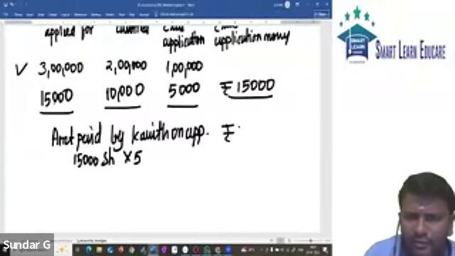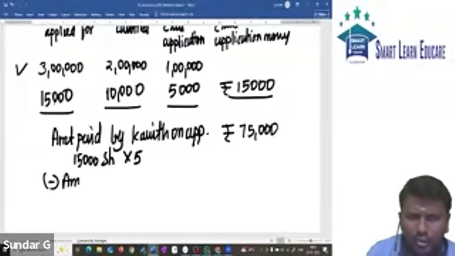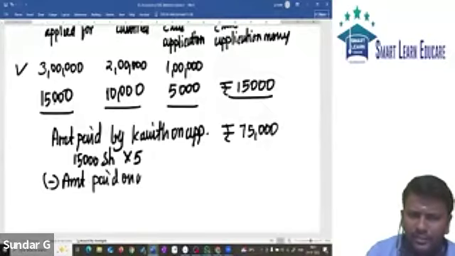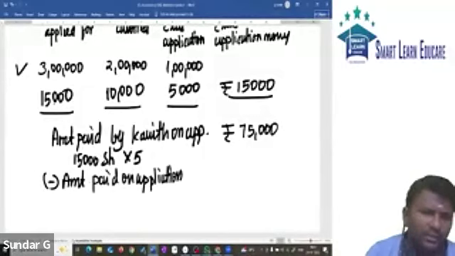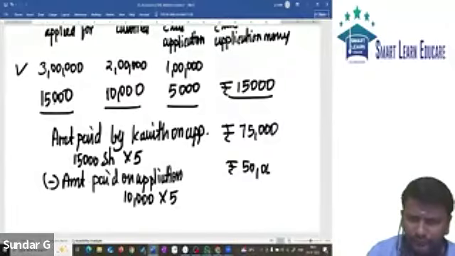Correct? 15,000 into 5 will give you 75,000 rupees. Less: amount to be paid, one amount paid on application. For application, how much amount is subtracted? It is 10,000 shares only into 5. 10,000 into 5 will give you rupees 50,000.